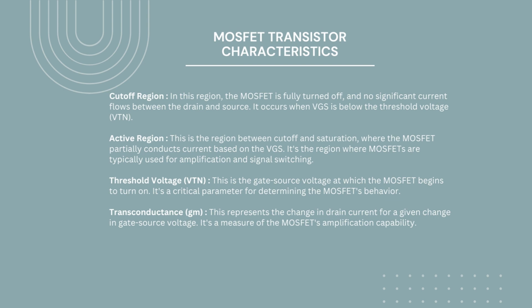Further, we are going to discuss the active region. This is the region between the cutoff and the saturation, when the MOSFET partially conducts current on the basis of the gate to source voltage. It is the region where the MOSFET is typically used for amplification and switching.